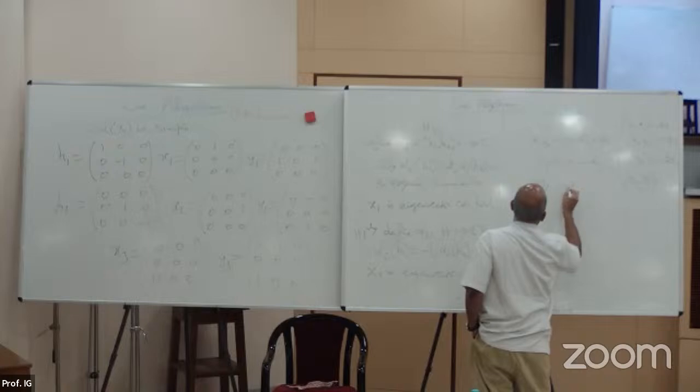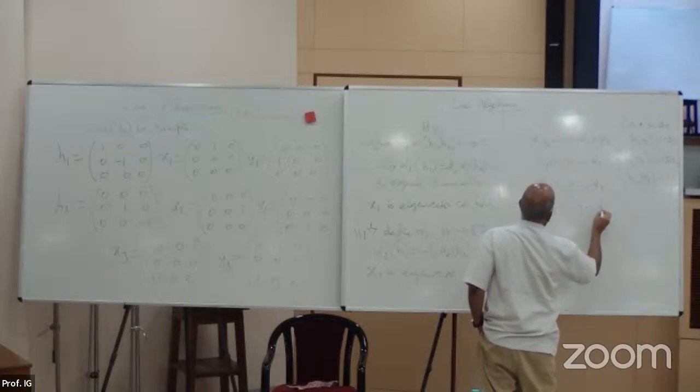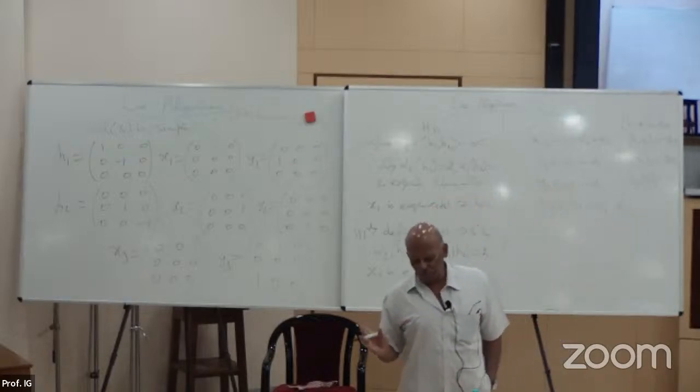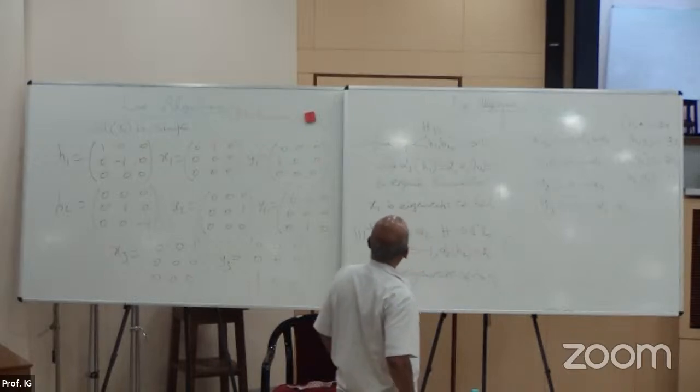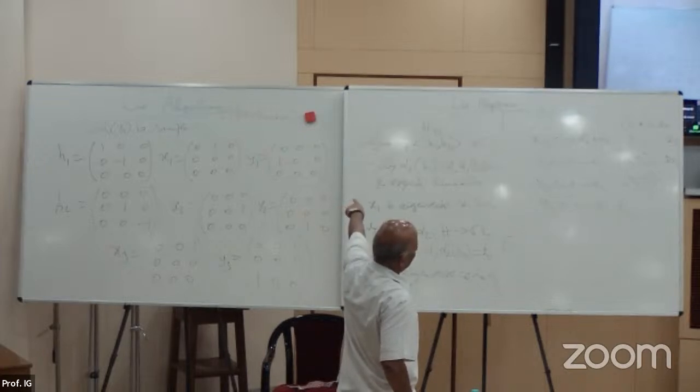Similarly, y2 will correspond to minus alpha 2. Y3 will correspond to minus alpha 1 minus alpha 2. It is so wonderful, so beautiful. All the calculations work out so nicely. If you want to do what we did for SL2, we want to say that SL3 is simple.